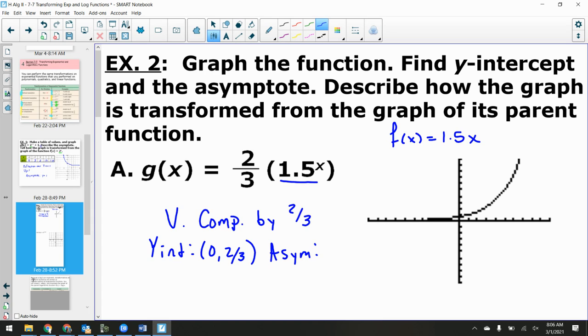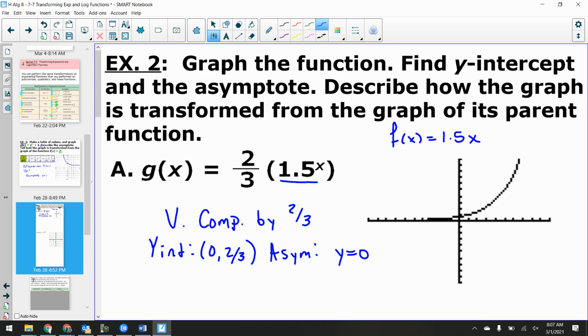And the asymptote is, well, did I change the asymptote? It was at y equals 0. Did this vertical compression, which is pushing things down toward the x-axis, change it at all? No. It's still at y equals 0.